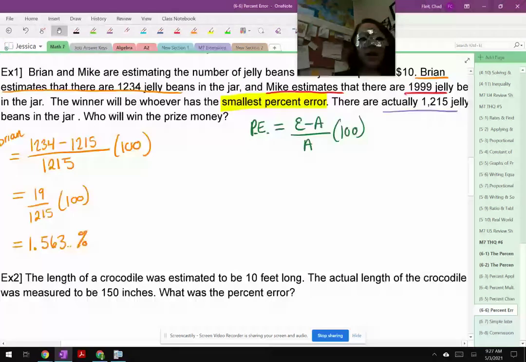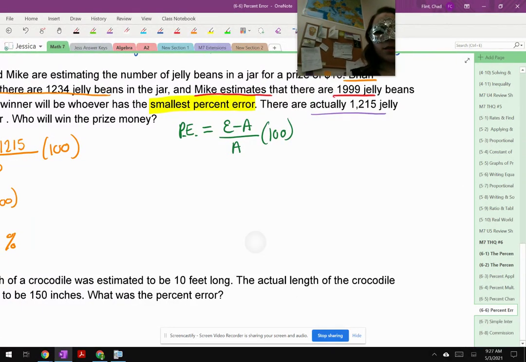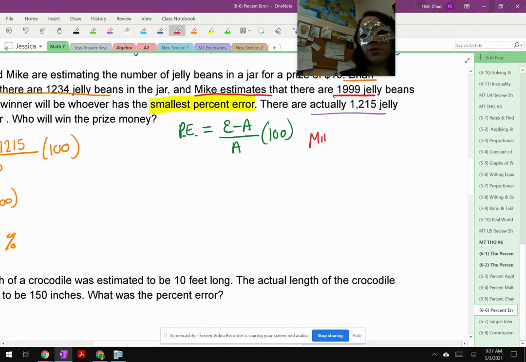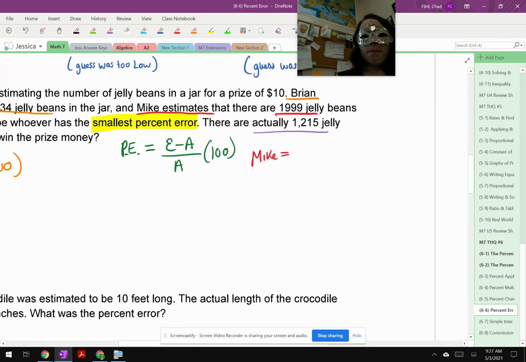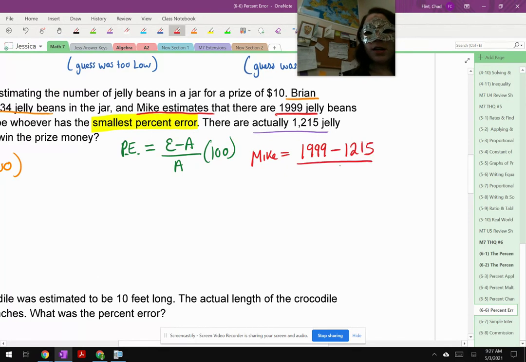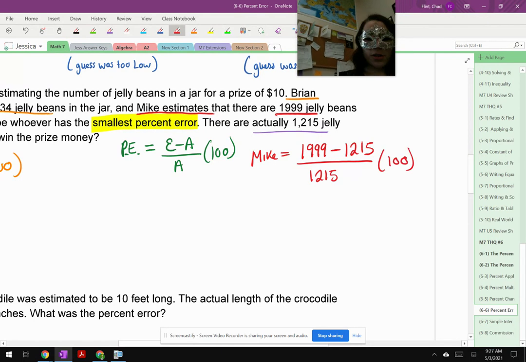And then we have to look at Mike next. So Mike, we're going to do over here. Mike's estimate was 1,999 minus the actual of 1,215, divide by the actual, times that 100.